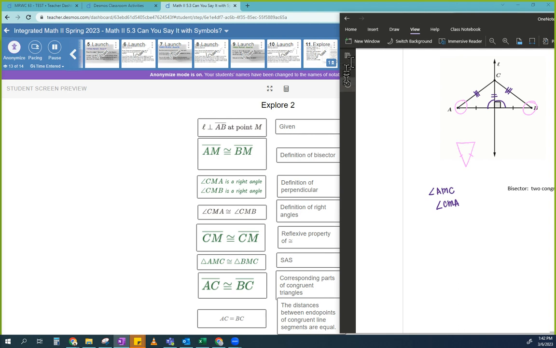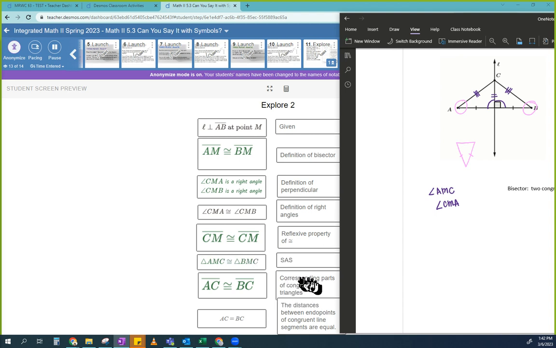So you're thinking, not given. It's not a bisector. It's not perpendicular. It's not definition of right triangles. It's not a reflexive property because angle A and angle B are different. So not reflexive, right? The only thing that could be reflexive is if that and that match, right?